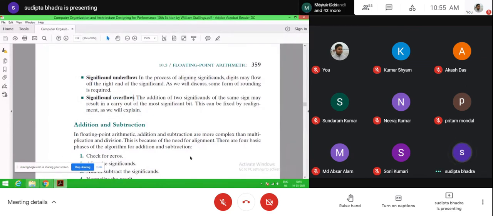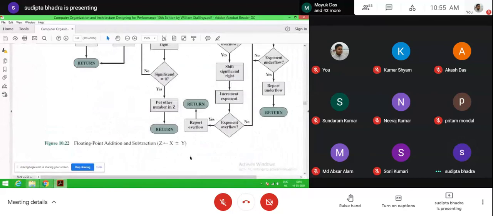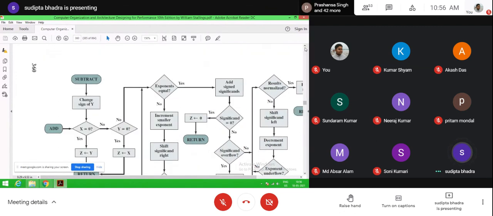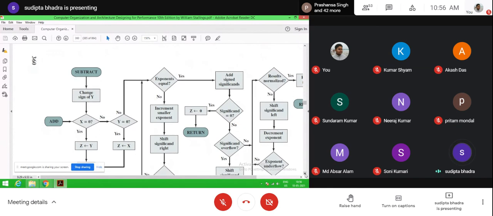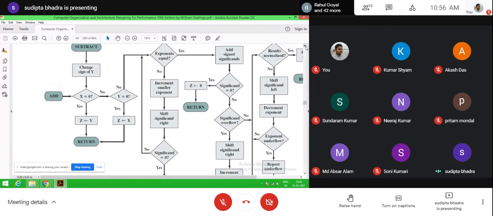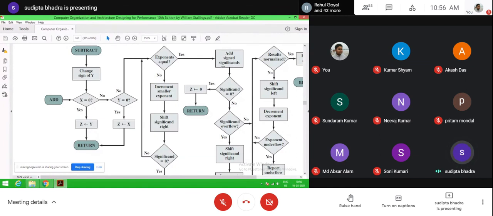Now let me show you the particular flow chart. Here this is the flow chart. Please remember, as per the algorithm we have to equalize the exponents, so for that we have to shift the significant. Then we add the significants.